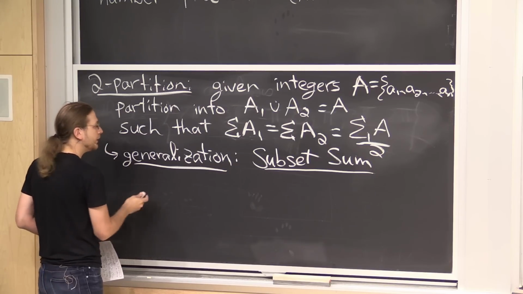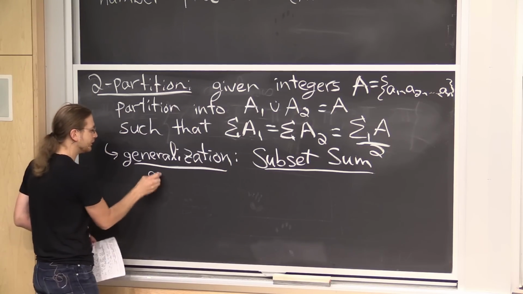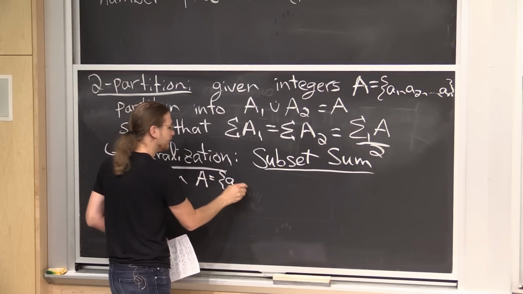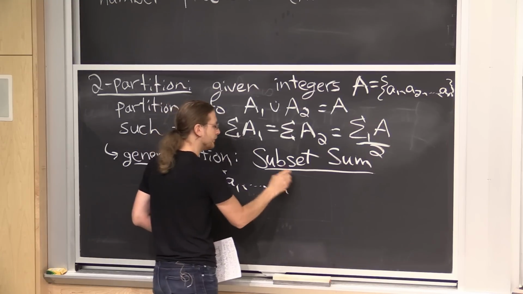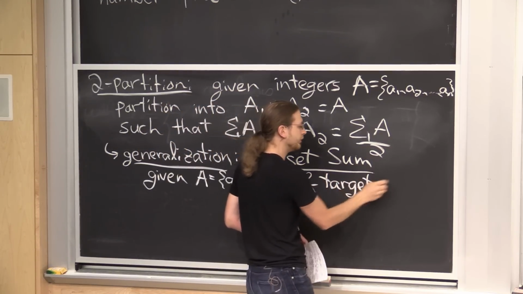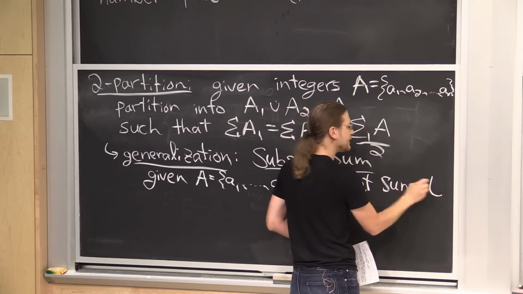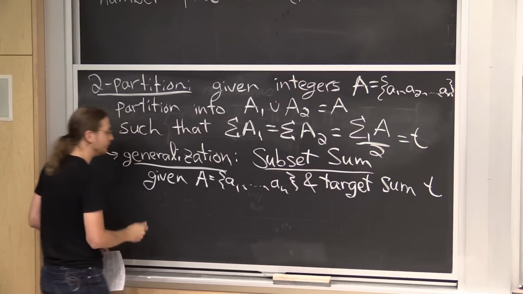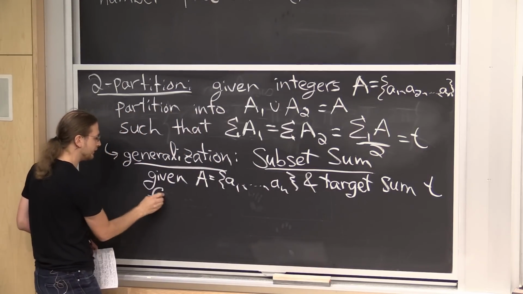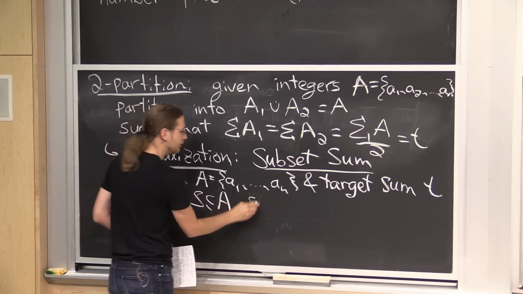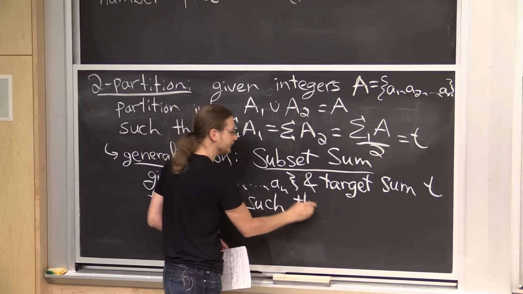Here, the setup is similar. You're given n integers again, just like before, and you're given a target sum, one other integer. We'll call the target sum t. What we'd like to do is find a subset S of A whose sum is t.